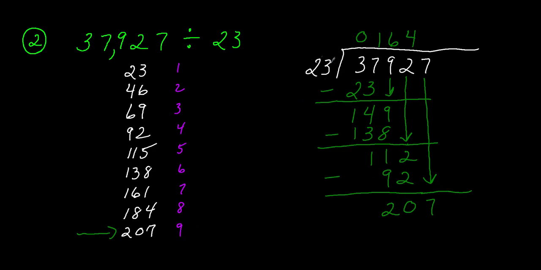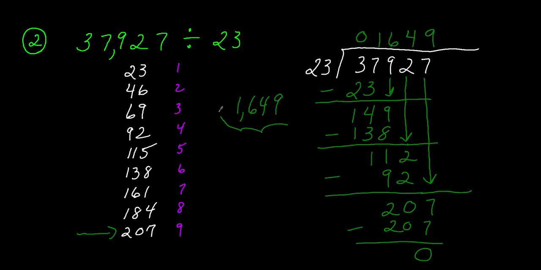It indicates that 23 divides into 207 exactly because 207 is on the list. 207 is the 9th number on the list, so I put a 9 right above this 7. And 23 times 9 is 207. And there's no remainder. When I subtract at the end and it's 0, and I brought down every digit, I'm done.